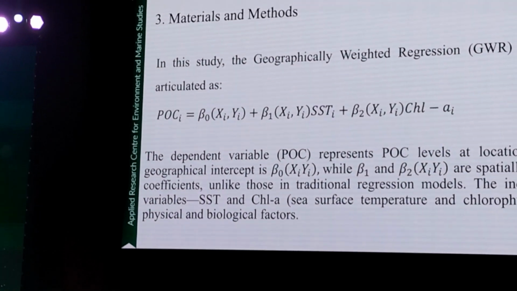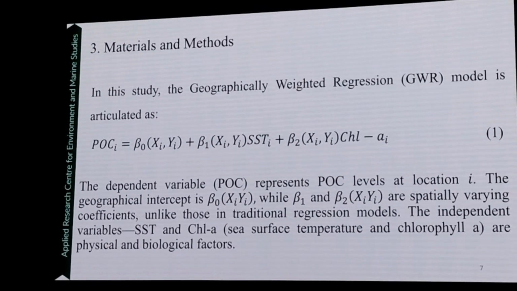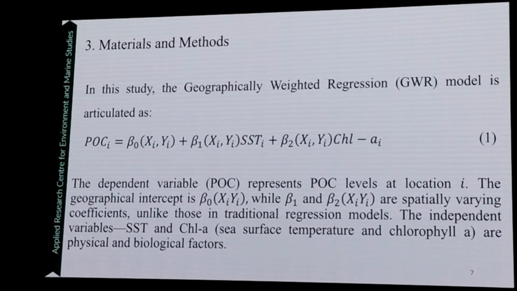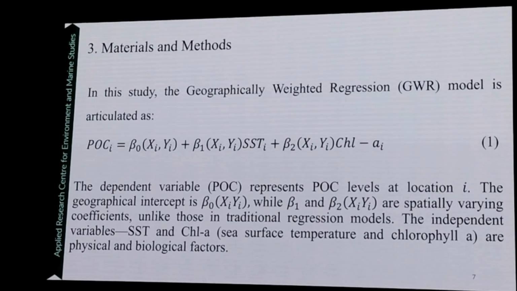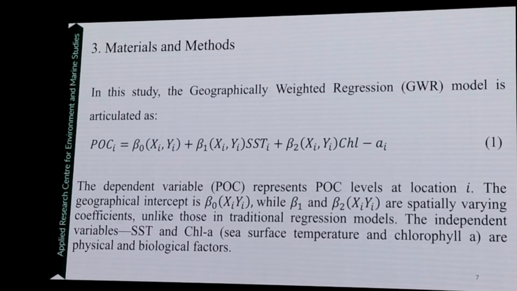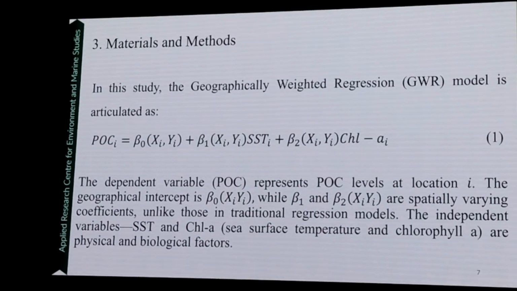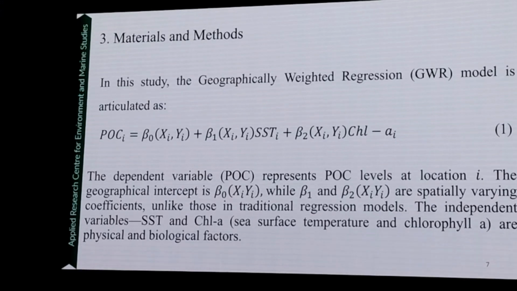Here we used a very simple model, a geographically weighted regression model. It's like a multilinear regression, but it's different in that the coefficients we get from this modeling can vary spatially.